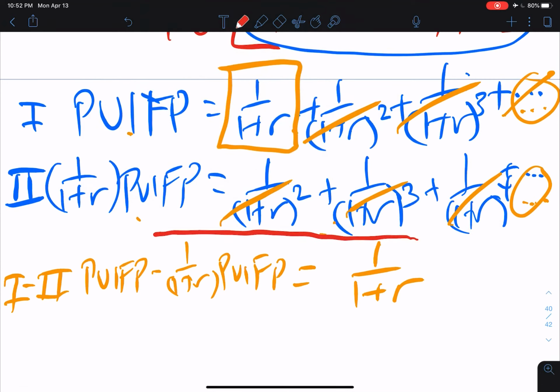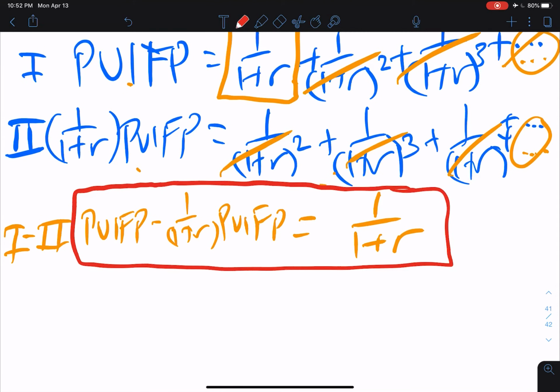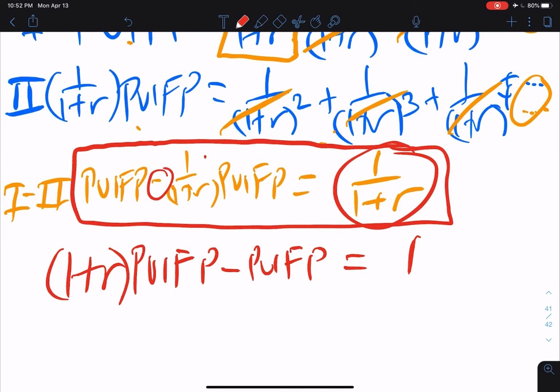Here's the equation we're going to work with now. I'm going to multiply every term by 1 plus r. So I'm going to have 1 plus r times PVIFP. And then here, if I multiply this by 1 plus r, I get 1. So I have PVIFP, there's a minus sign, so minus PVIFP. And if I multiply this term by 1 plus r, I get 1 plus r over 1 plus r, 1. And so let's see what we have here.